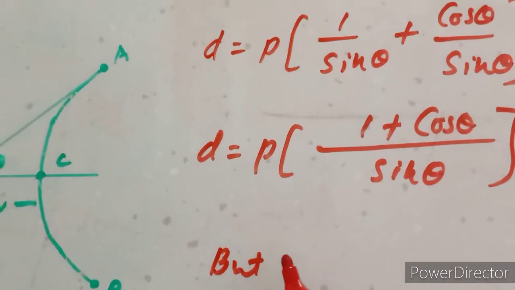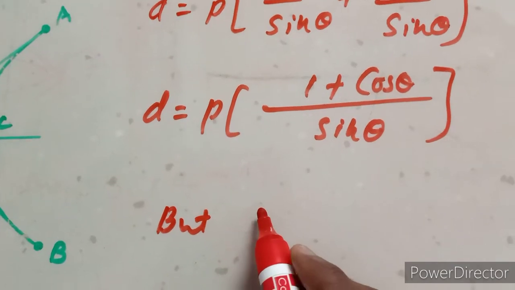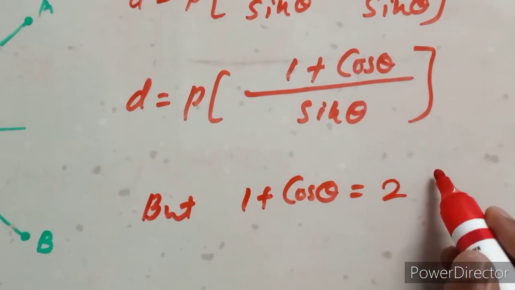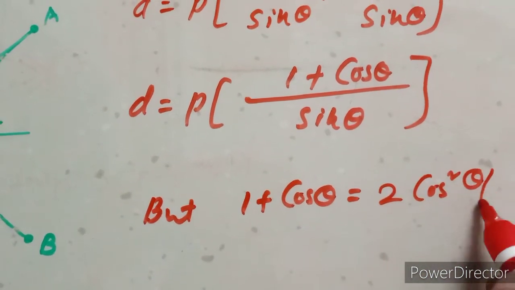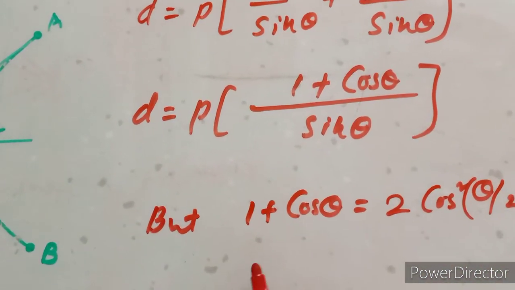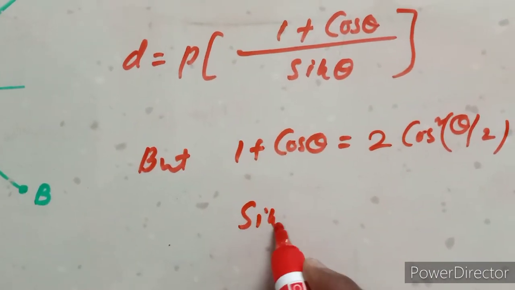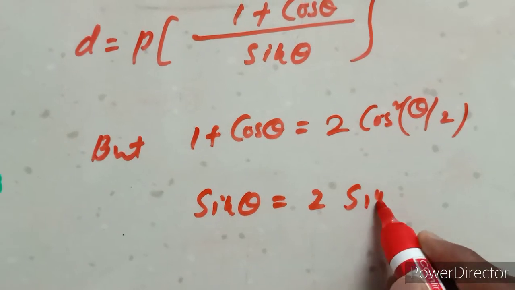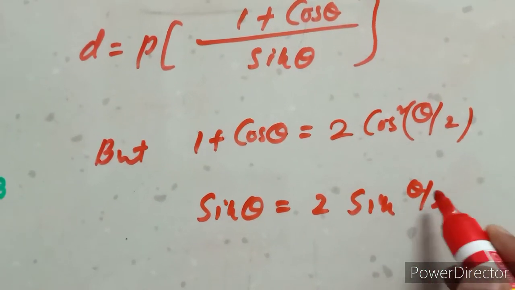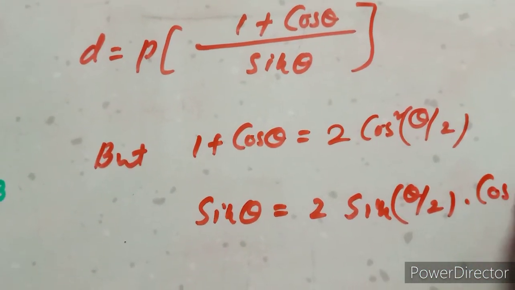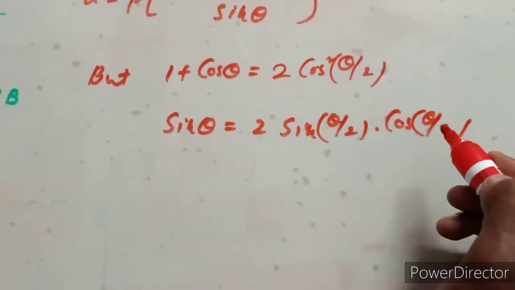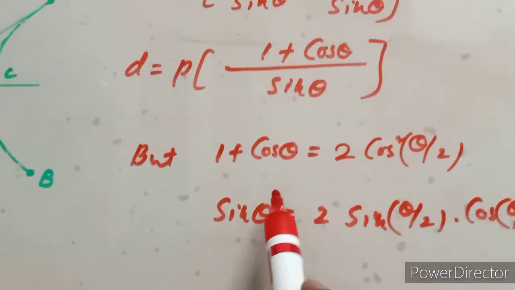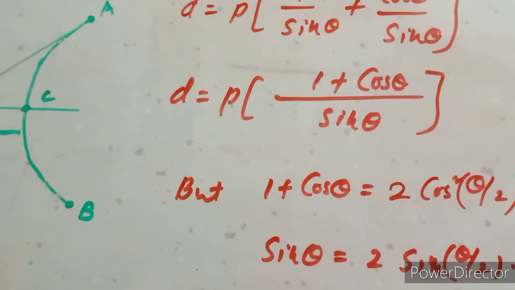But by trigonometry properties, 1 plus cos theta equals 2 cos square theta upon 2, and sin theta equals 2 sin theta upon 2 cos theta upon 2. These are trigonometry properties. So these two values are substituted in this equation.